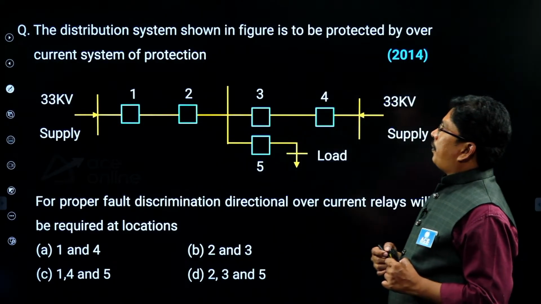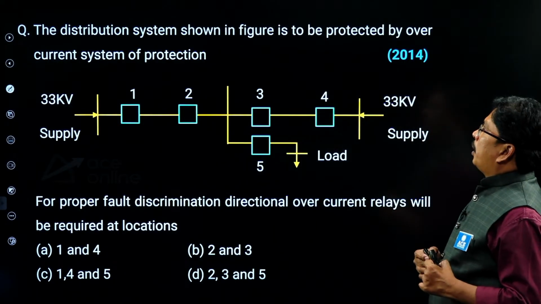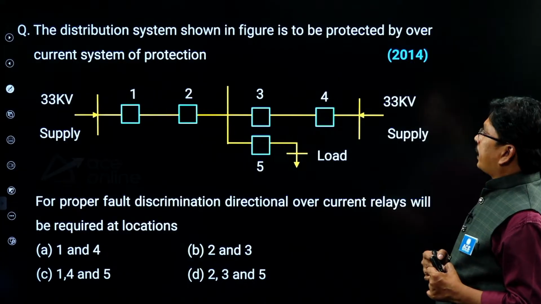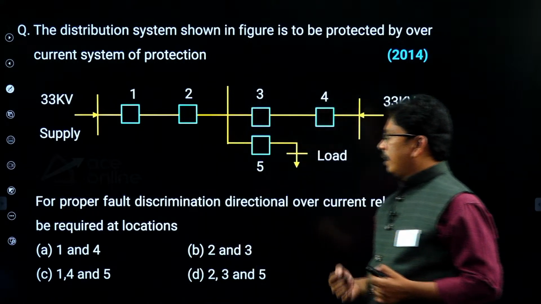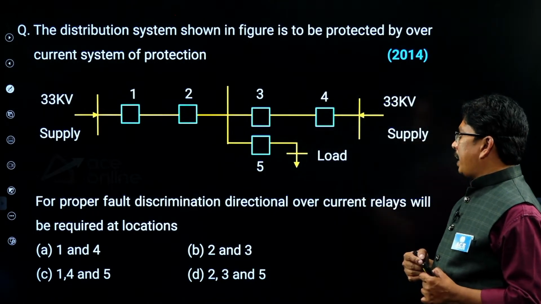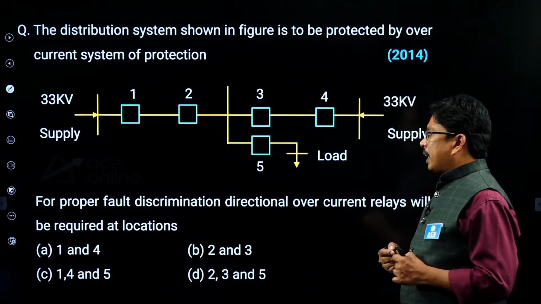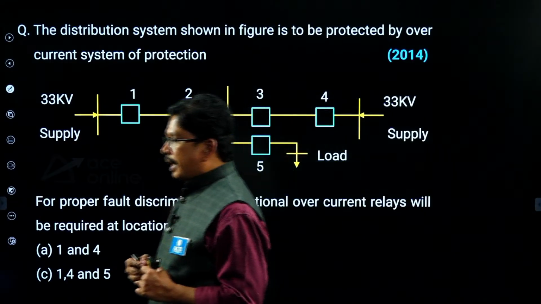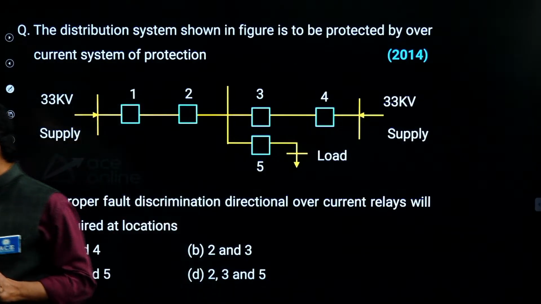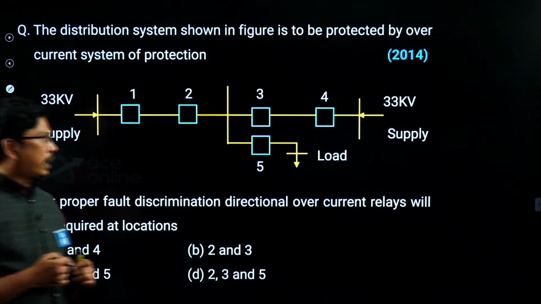The distribution system shown in the figure is to be protected by an overcurrent system of protection. For proper fault discrimination, the directional overcurrent relays will be required at which locations? Where are we going to place the directional overcurrent relays?